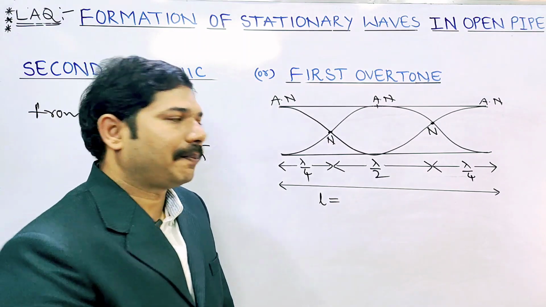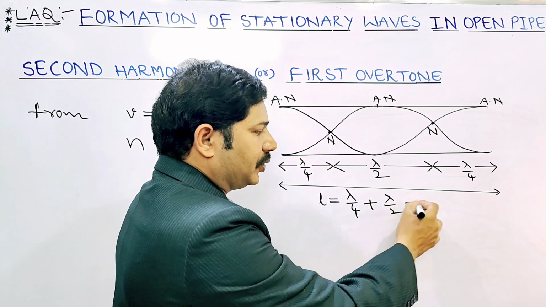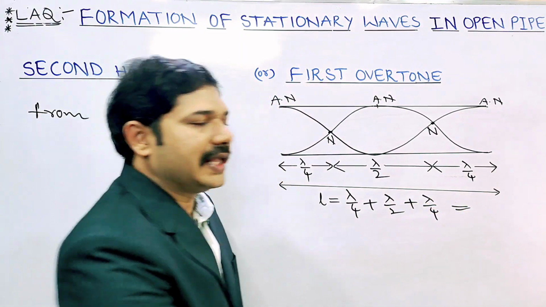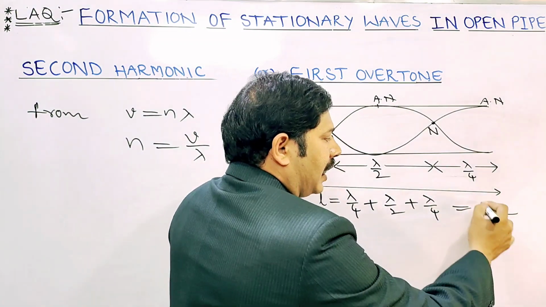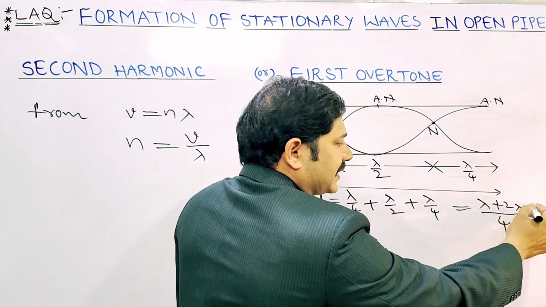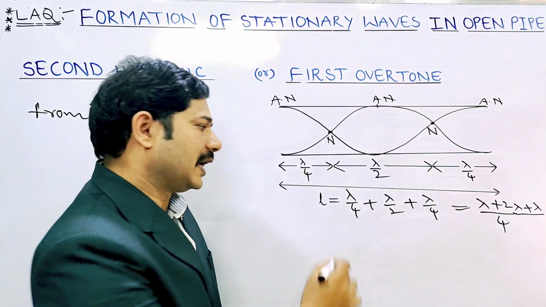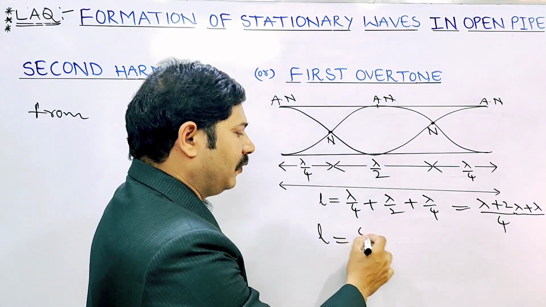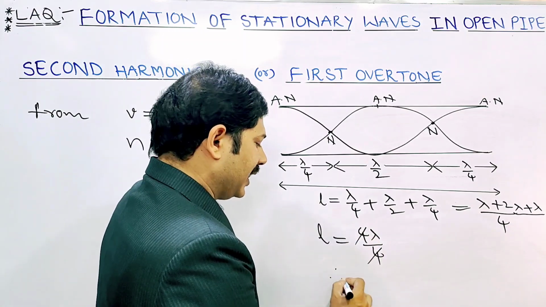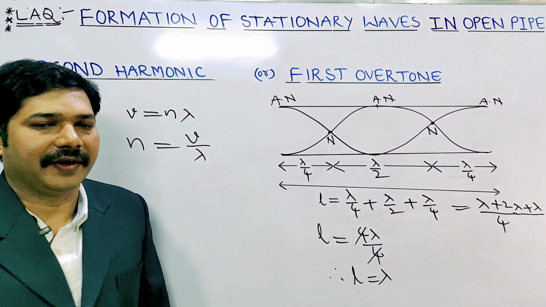Total length of the pipe L equal to lambda by 4 plus lambda by 2 plus lambda by 4. 4 is the LCM: lambda plus 2 lambda plus lambda. L equal to 4 lambda by 4. 4 gets cancelled. Therefore, L equal to lambda we got.